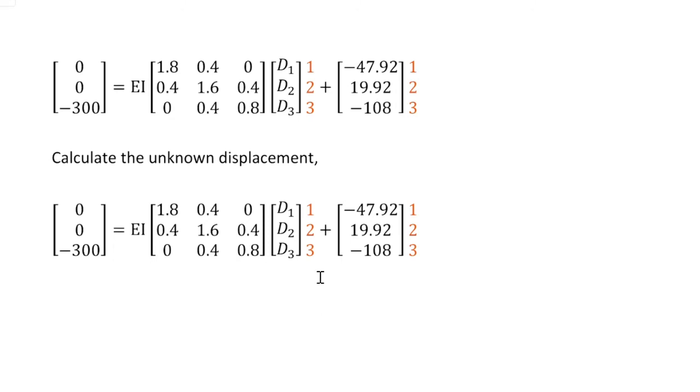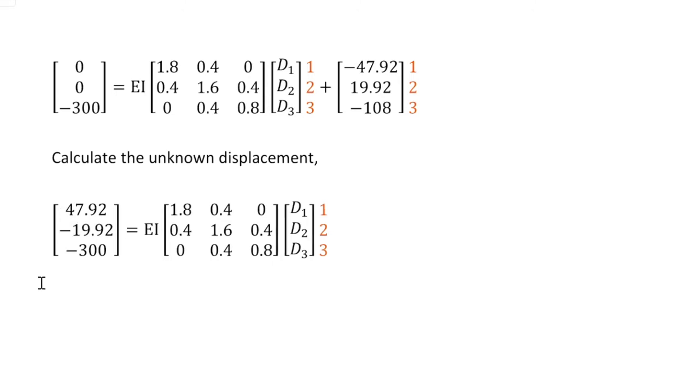Then 0 minus 19.92 is negative 19.92. And negative 300 plus 108: negative 300, bring the negative to the other side, it is negative 300 plus 108, so we get negative 192.